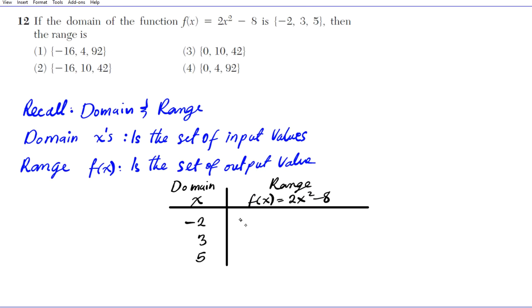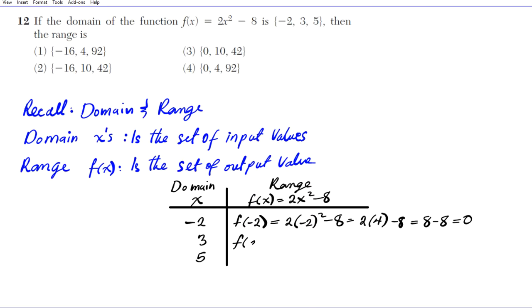Let's start with the first one. F of negative 2, the first output, is 2 times negative 2 squared minus 8. We're going to use our order of operations here. Please excuse my dear Aunt Sally. Do the exponent first. Negative 2 squared is positive 4. Then 2 times 4 is 8, minus 8, which is equal to 0.